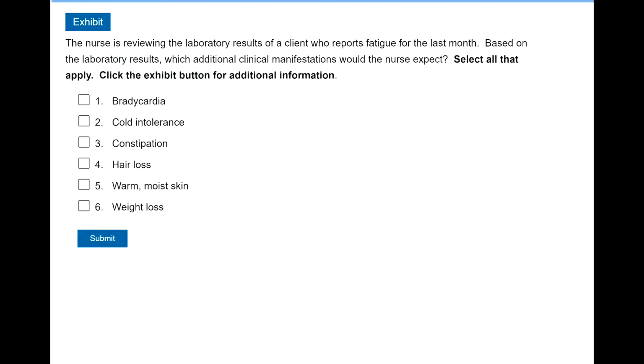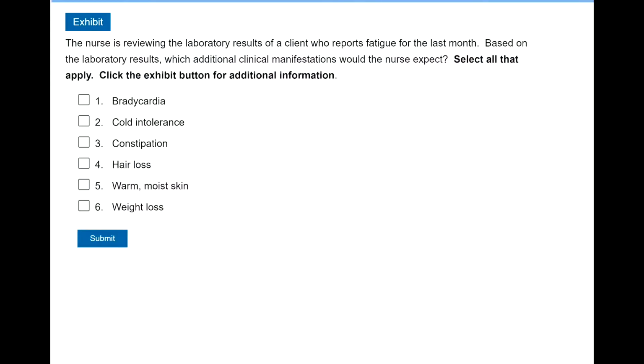So this question is commonly missed because it is about the thyroid, and thyroid questions can be really confusing, especially when you relate manifestations of it to our lab values. Especially with thyroid stimulating hormone, or TSH, we know that the levels can be increased or decreased for both hypo or hyperthyroidism, depending on the cause, if it's primary, secondary, or whatever.